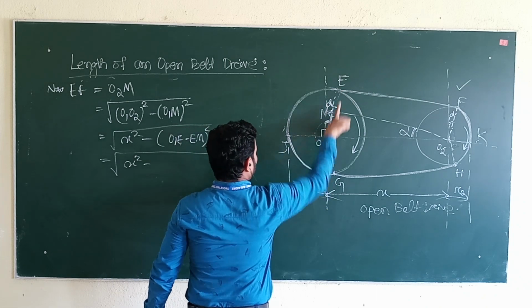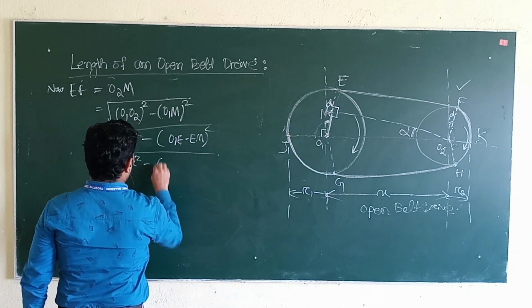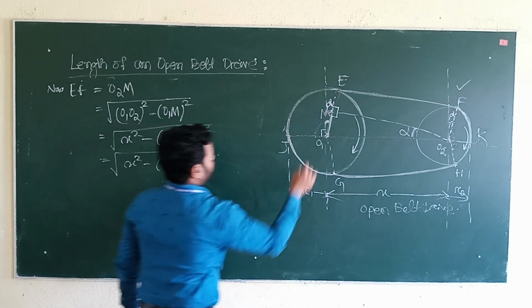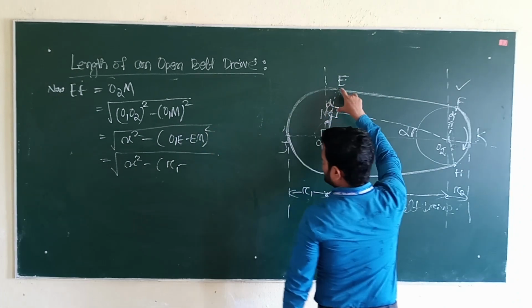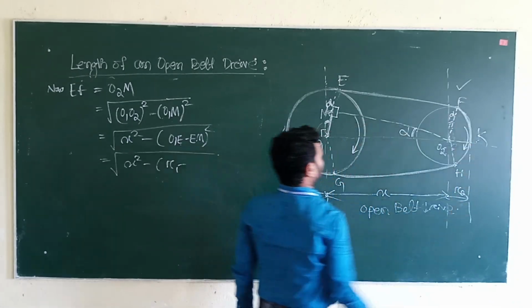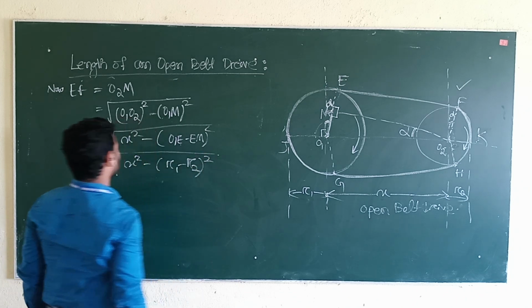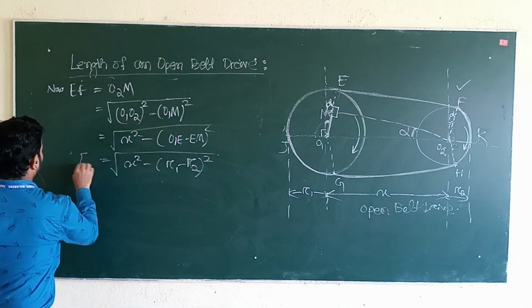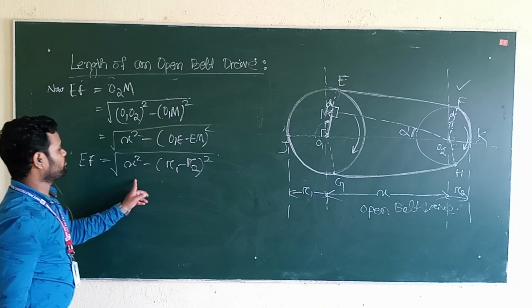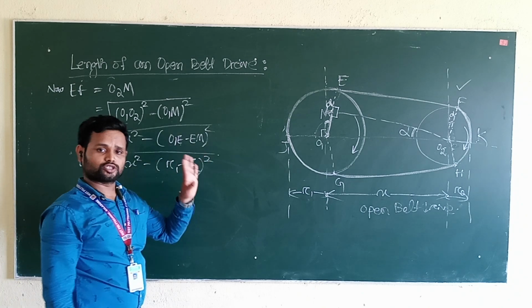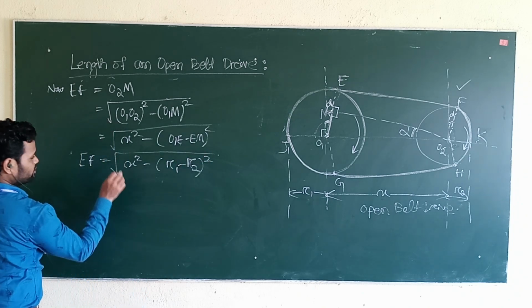That is your larger radius pulley, R1, minus EM, the radius of the smaller pulley, R2. So R1 minus R2 square. So EF equals root of X square minus R1 minus R2 square. We can write it in this form.